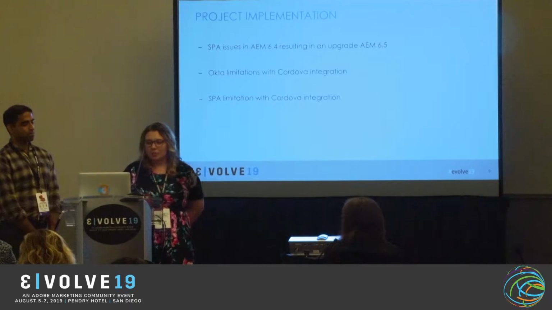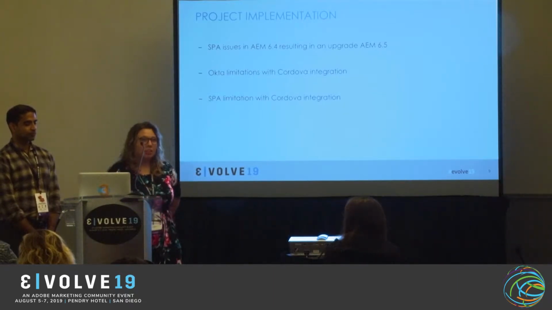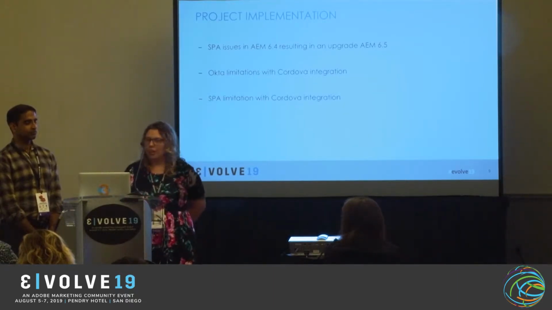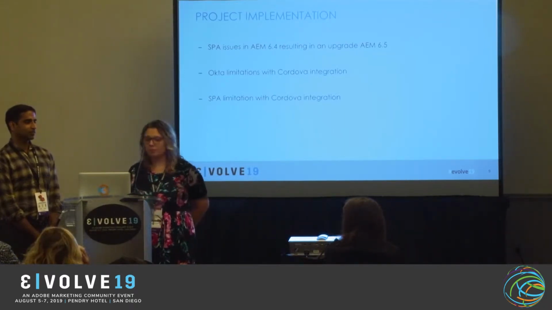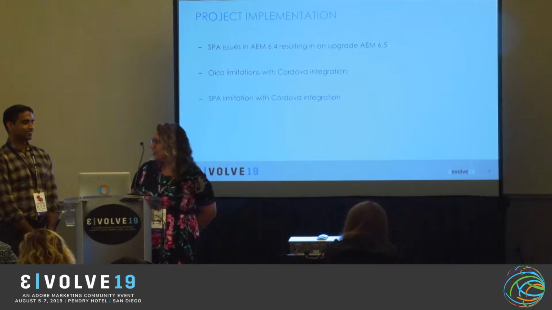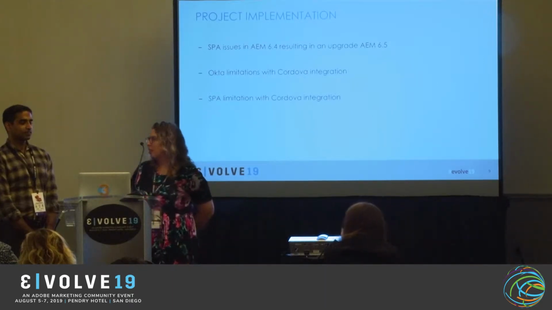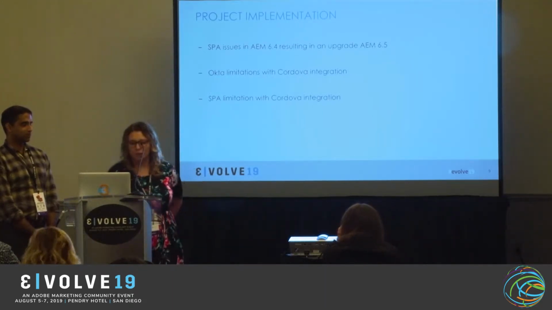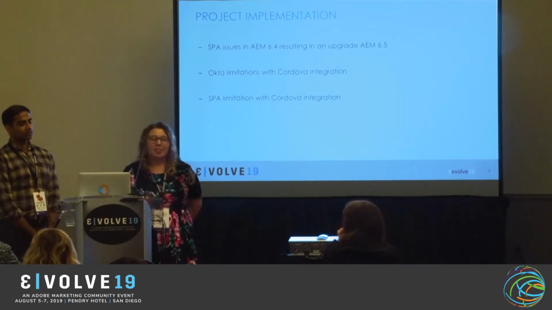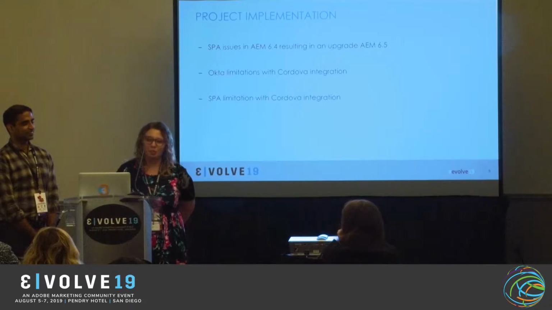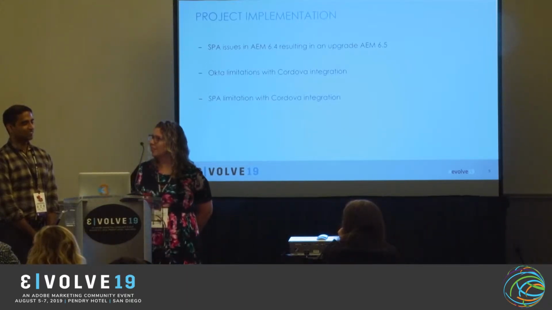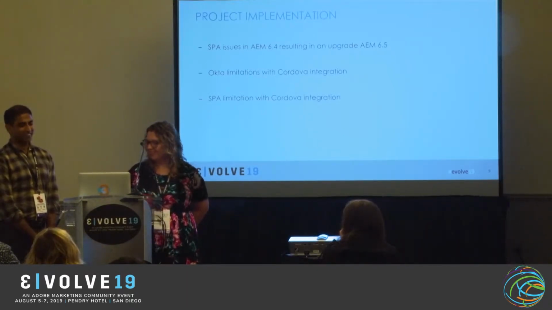We also had Okta limitations within our Cordova integration. We were using Cordova for the mobile application, and they needed single sign-on on both the author and the publisher. We also had SPA limitations with our Cordova integration. We faced several challenges, but happy to say we're overcoming them.